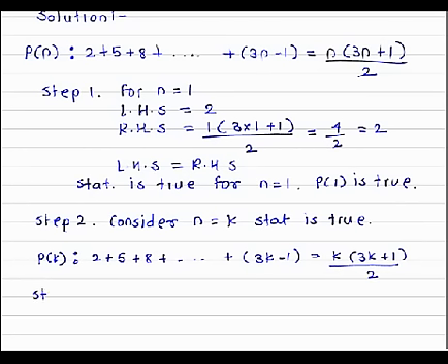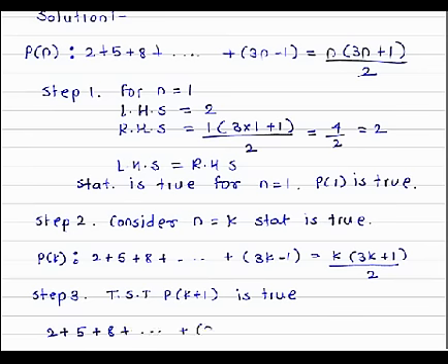In step 3, we want to show that P(k plus 1) is true by using the above statement, that is P(k). So what we actually have to show is: 2 plus 5 plus 8 plus and so on plus (3k minus 1) is our kth term. After that we get the (k plus 1)th term.